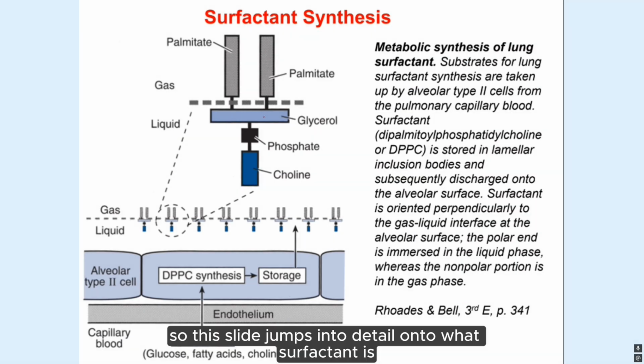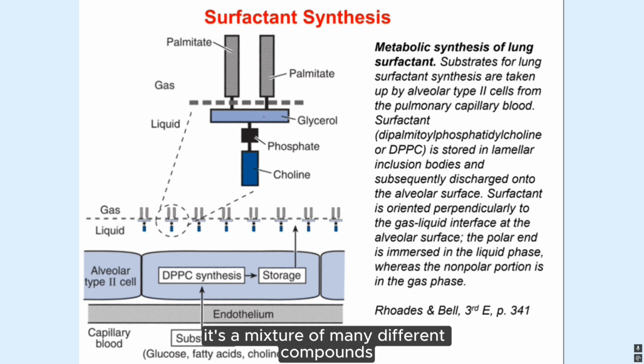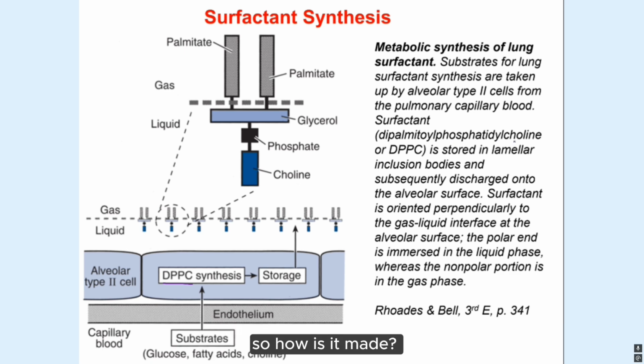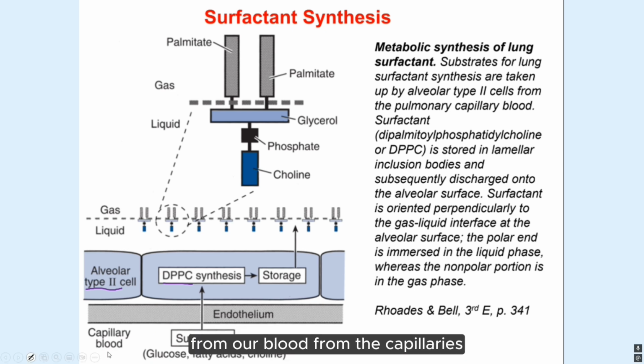So this slide jumps into detail on what surfactant is and how it's made in our bodies. Surfactant isn't just one thing, it's a mixture of many different compounds. The main ingredient in surfactant is DPPC, or dipalmitoyl phosphatidyl choline. So how is it made? First, the alveoli type 2 cells pick up the substrates of the ingredients from our blood, from the capillaries.